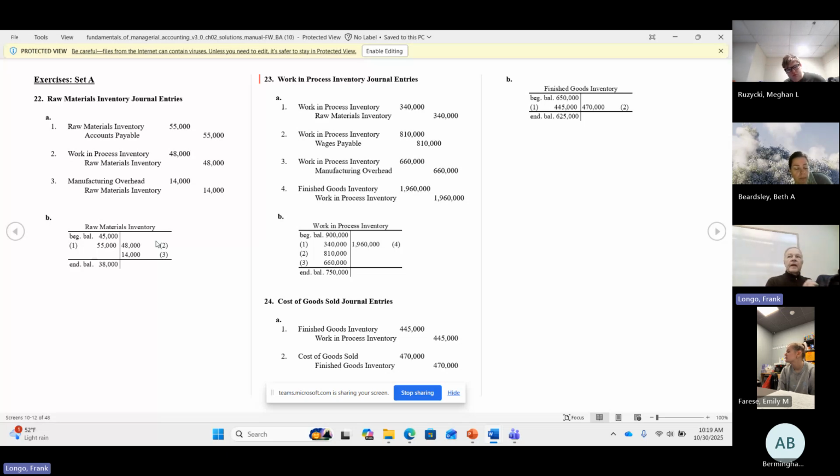That is a direct product that we could see. But some materials went into overhead, items not directly related to the product. And by the way, some of those could be the relatively small items, nails, glue, and screws, and so on.